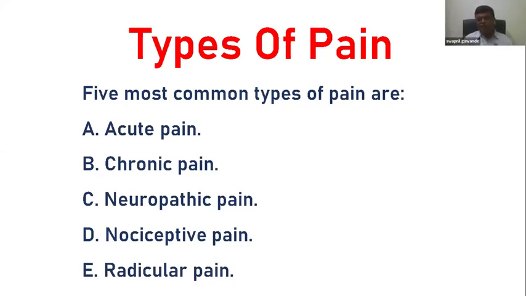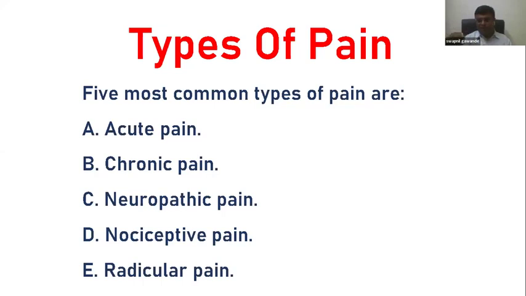Neuropathic pain is when the nervous system or the nerves are damaged, just like in a burn, there is neuropathic pain. Nociceptive pain is pain which is because of the nociceptors.